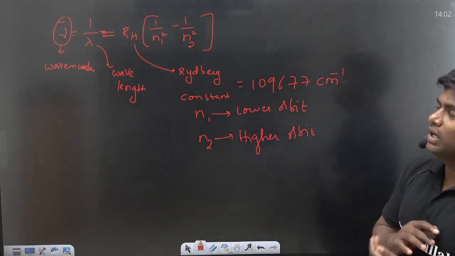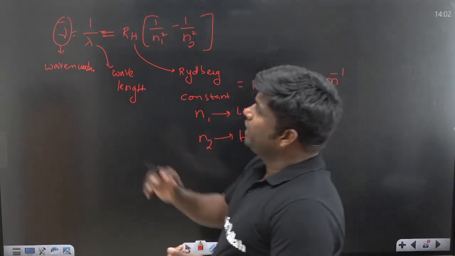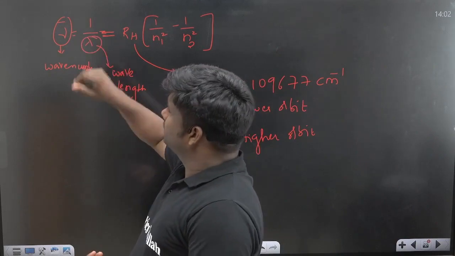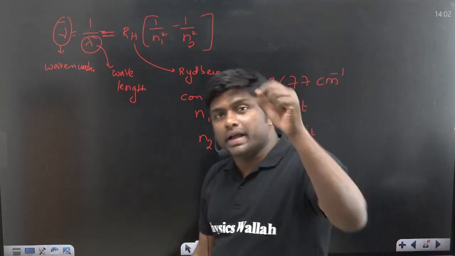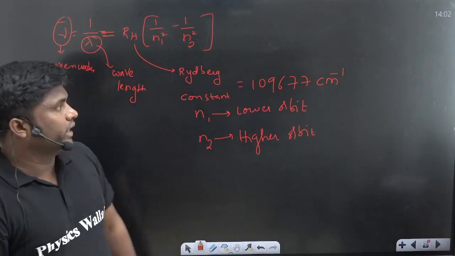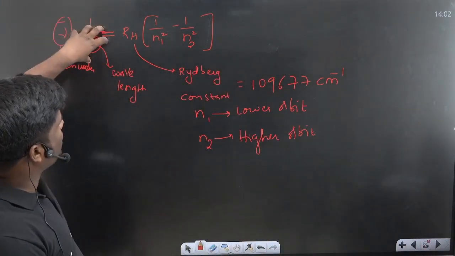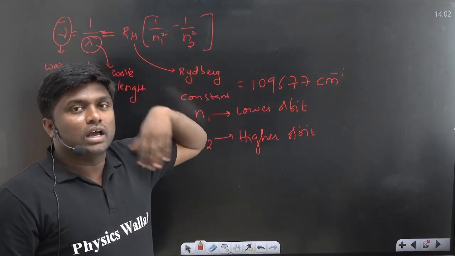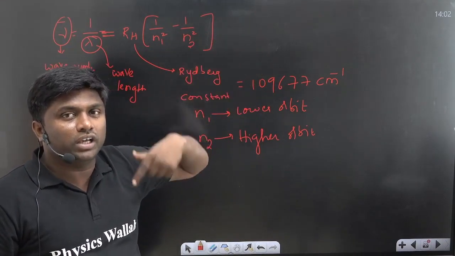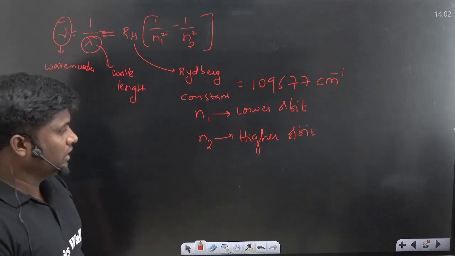This is the formula to calculate the wave number or wavelength of any electron which is coming from a higher energy level to a lower energy level.